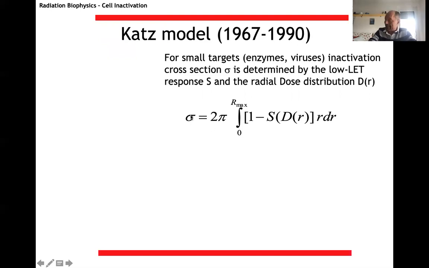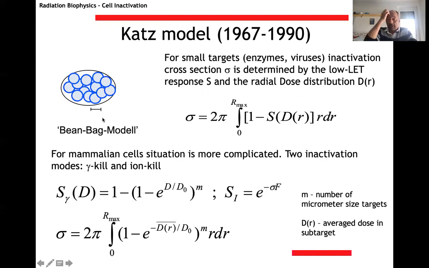Now the inactivation cross-section can be written as 2π, because of course it must be an area, integral between 0 and r max, where r max is the maximum radius of the track, of 1 minus s, times r dr. r is the distance from the track, and the dose as a function of the radius goes like 1/r², and s is the survival that you can take now from the gamma rays.